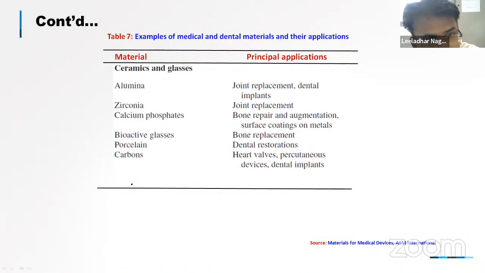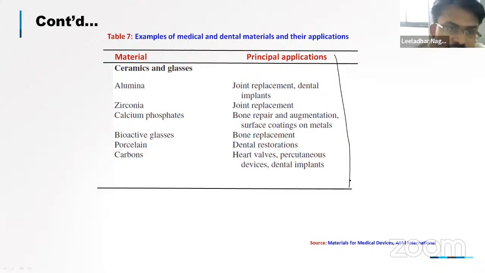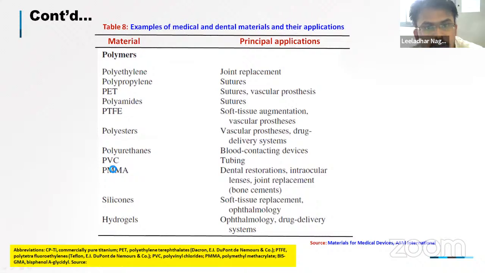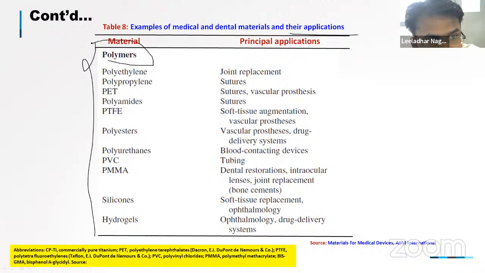And about the ceramics and glasses, I have again mentioned the principal applications for these materials. These are examples of medical and dental materials and their applications. These are materials like polymers which are used for these principal applications.